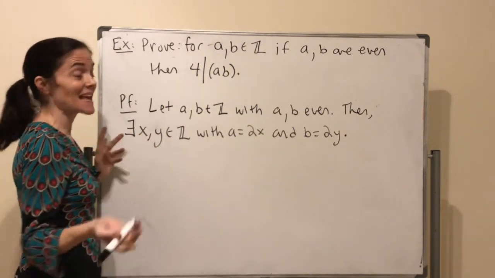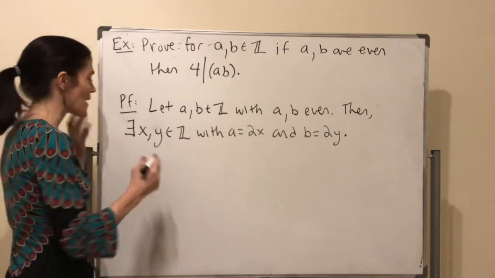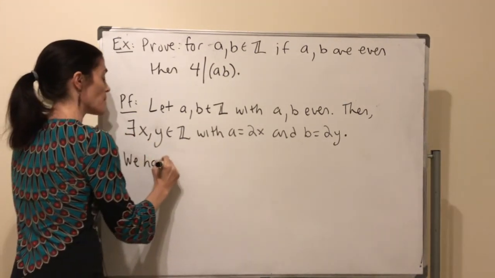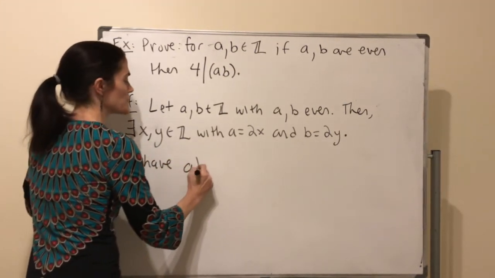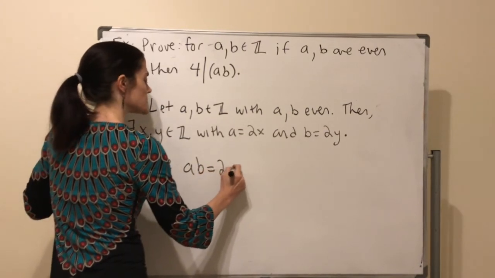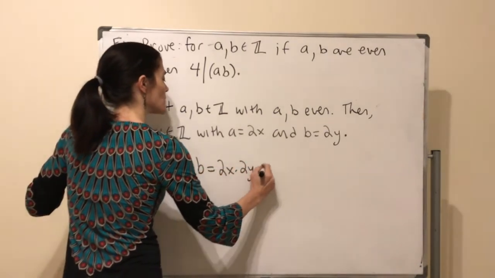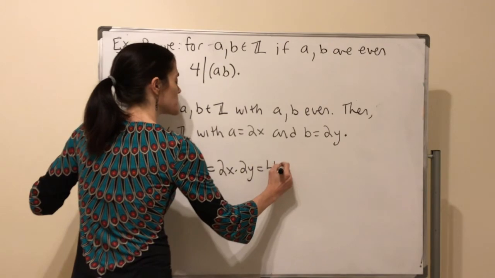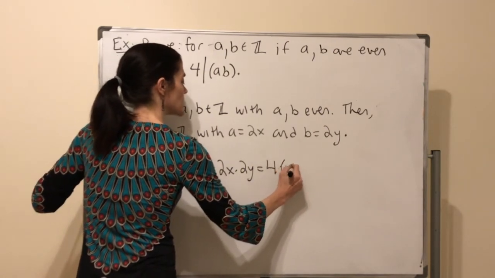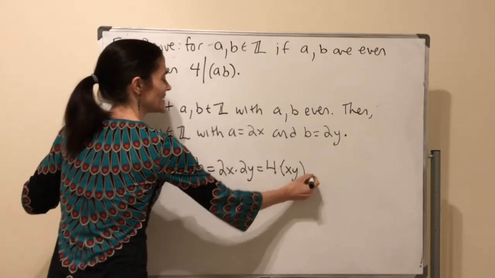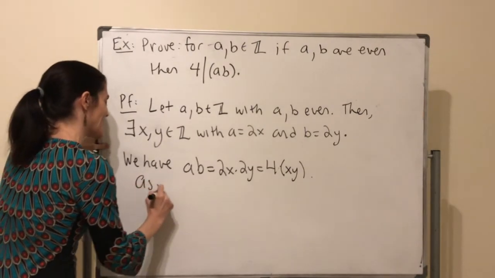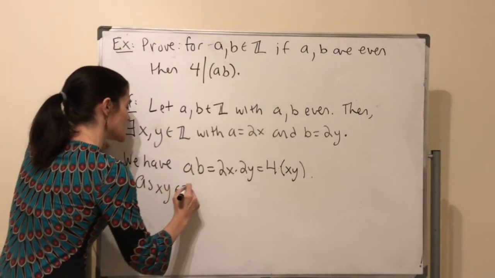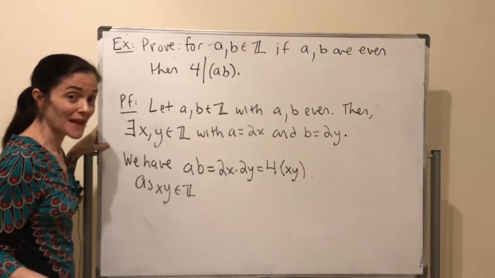Okay, now I want to say that 4 divides the product. If I multiply a times b, this is 2x times 2y, which is 4 times xy, as x times y is an integer. I take two integers, I multiply them, I get another integer.